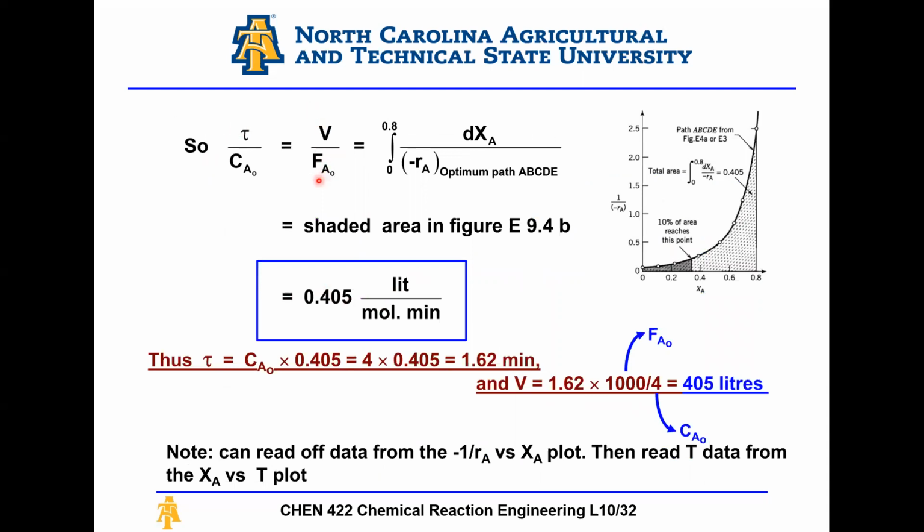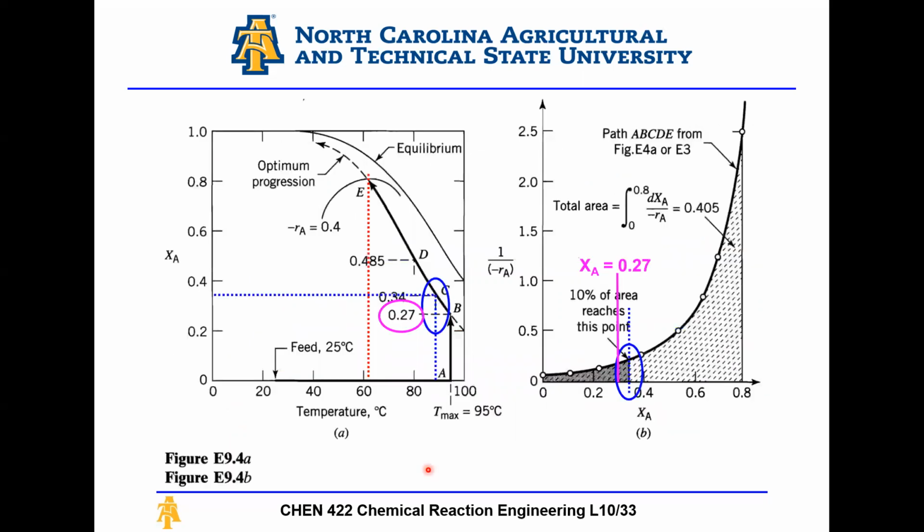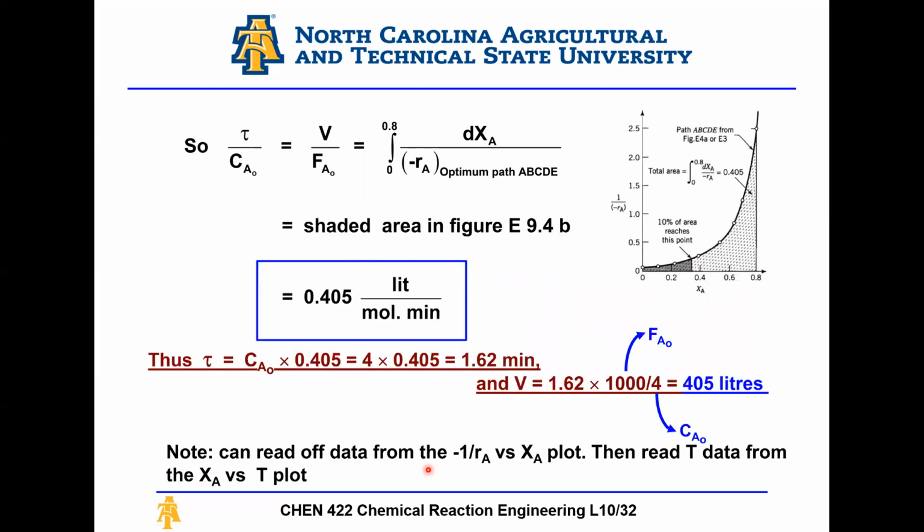Once you get V over FA naught, you can always get tau over CA naught, and we're able to get the space-time for this reactor. And again, you can always read off these charts to get any point you want, whether you want the temperature, the conversion, etc.